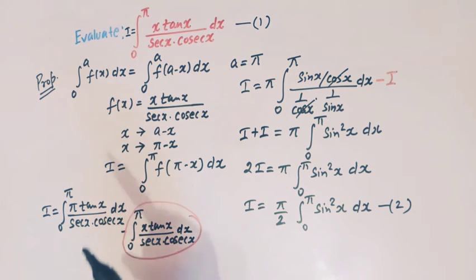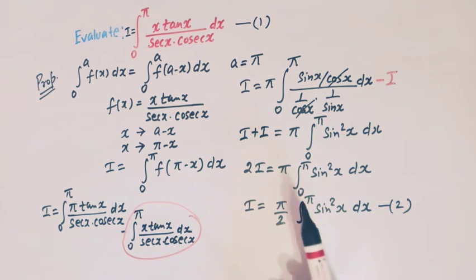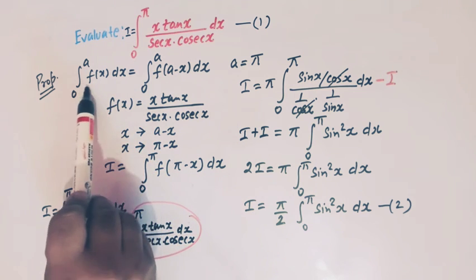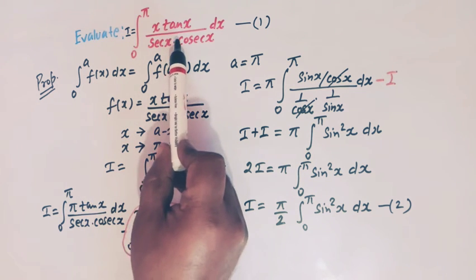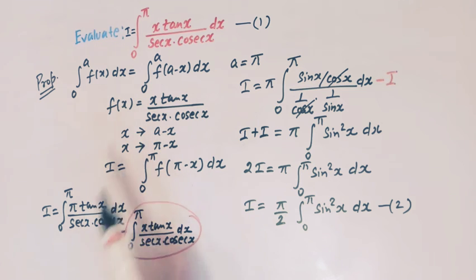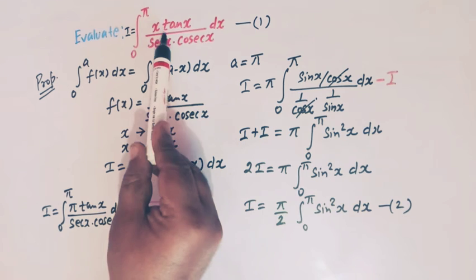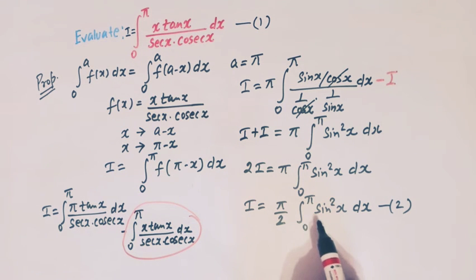So viewers, what we have done so far, we have used this property and converted this integral into the difference of two integrals, and then we have obtained integral number 2. So this integral is now simplified to this one, and here we have to integrate sin square x from 0 to pi, right?